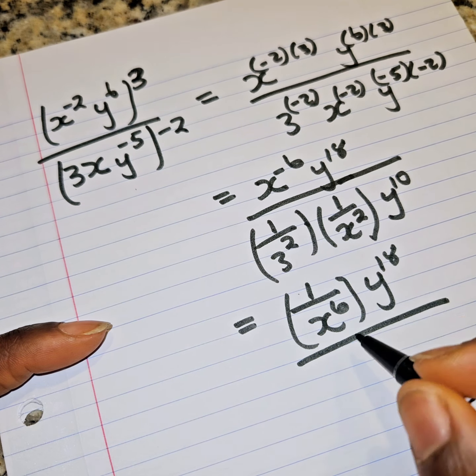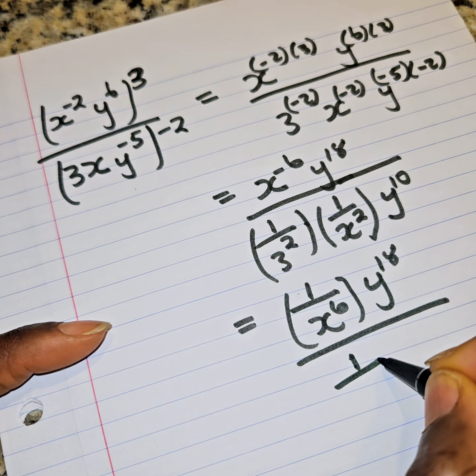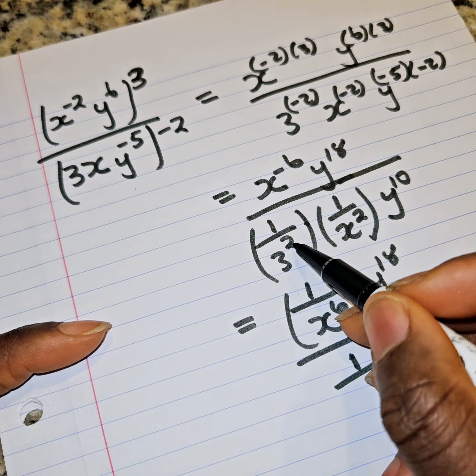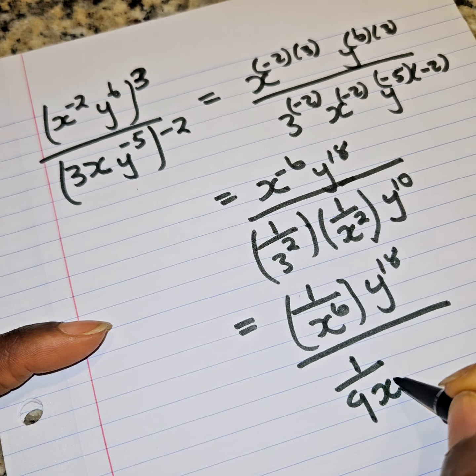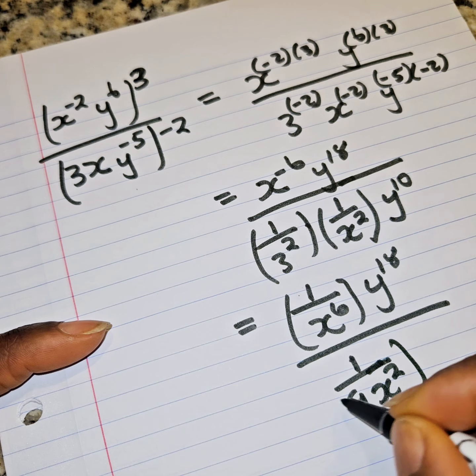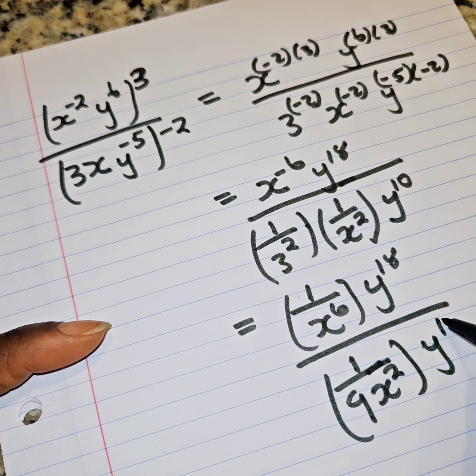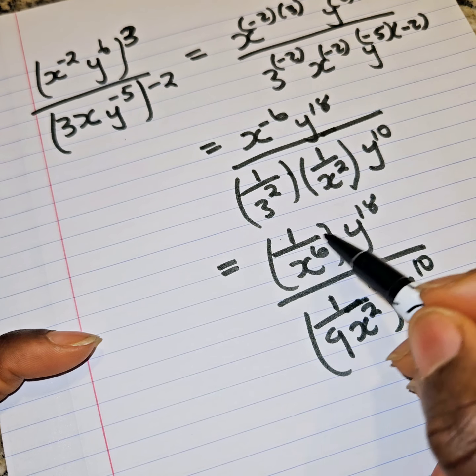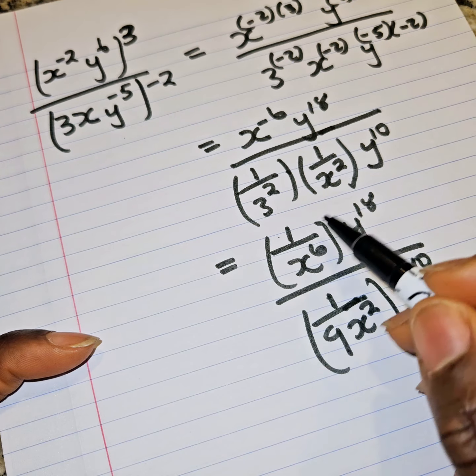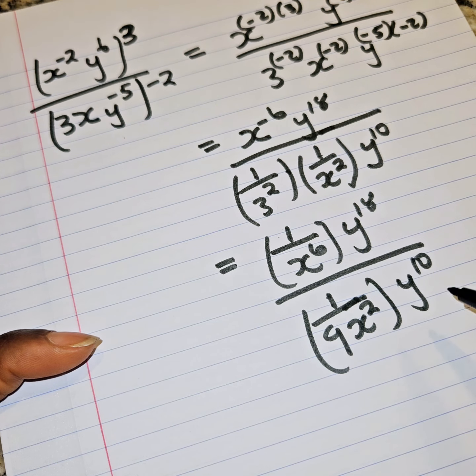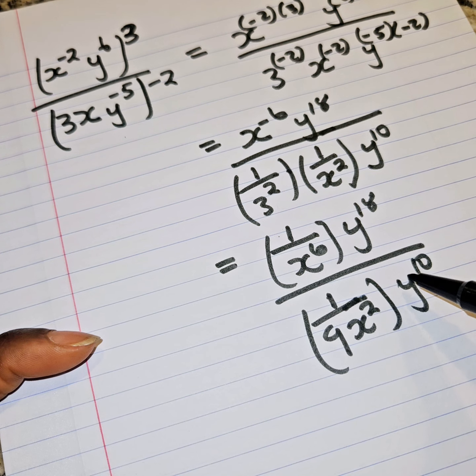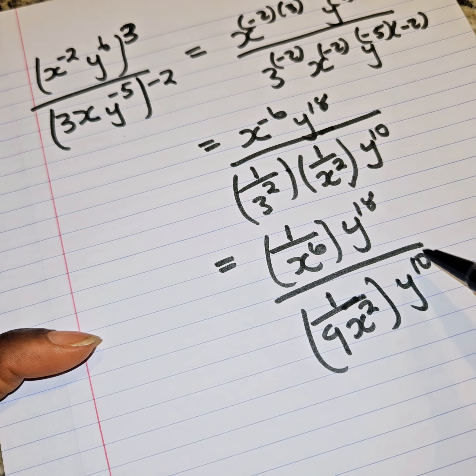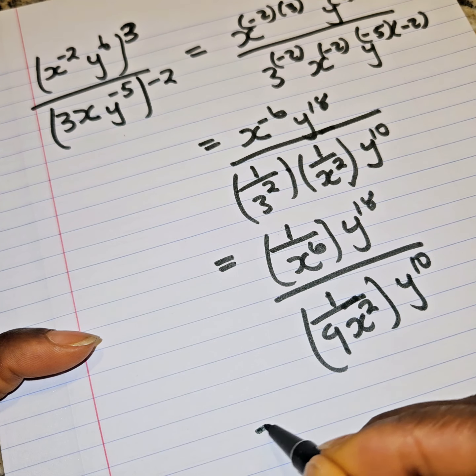Remember when we are multiplying fractions, 1 over 3 squared is 9, and x squared times y to the 10. So I can multiply all this out, or I can do what we studied the other day, how we can divide this.